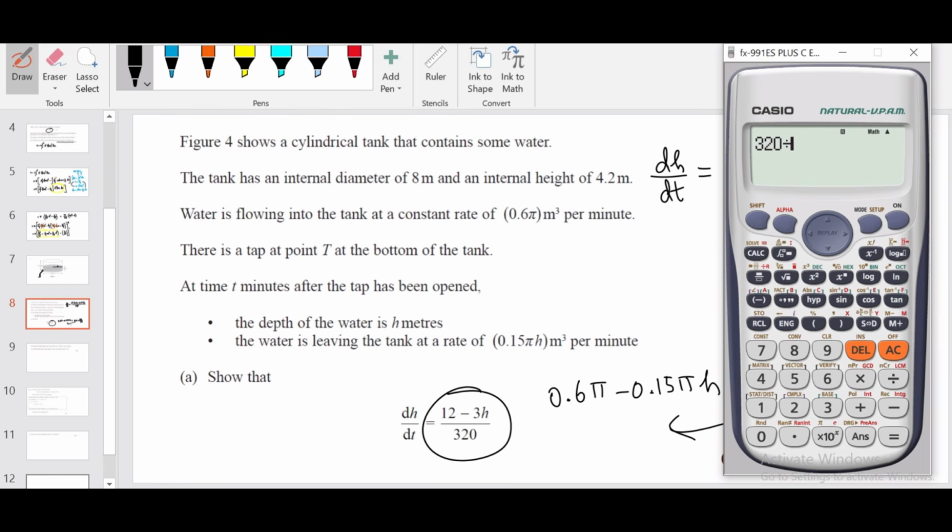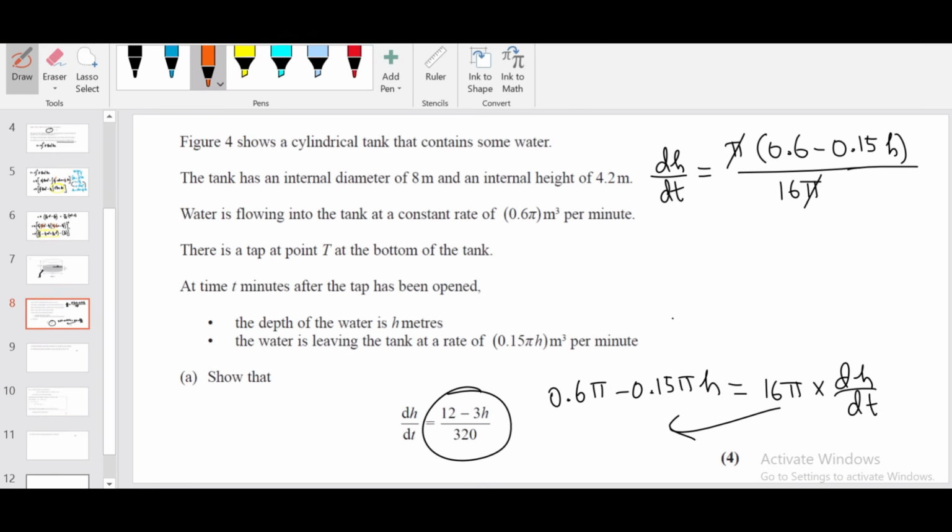So I'm going to multiply both numerator and denominator by 20. So 0.6 times 20, you will get 12. 0.15 times 20, you will get 3, so 3h. 16 times 20 is 320. So we got the answer already. That's a 4-mark question. Let's move on to part B now.